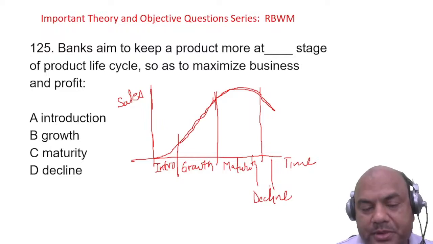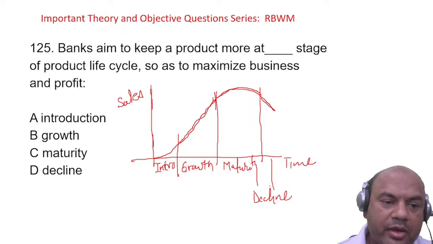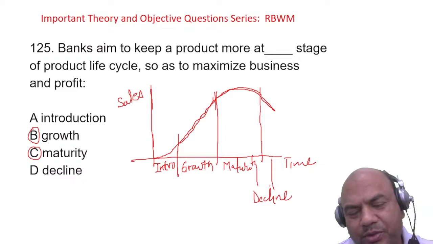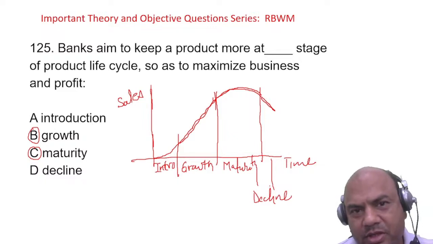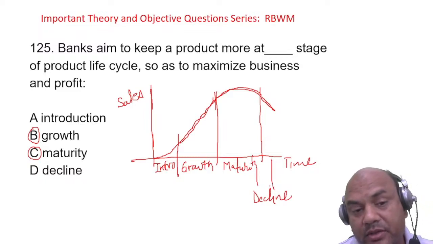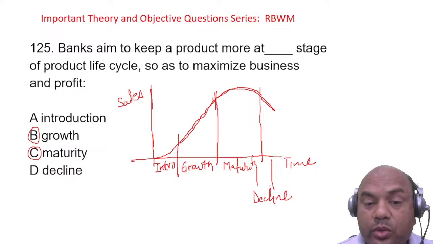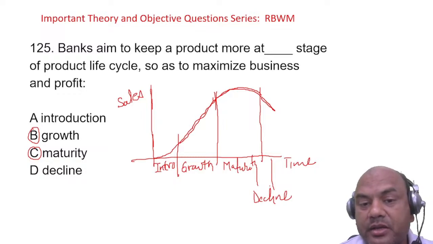I'll give you two options only. There are four options: introduction, growth, maturity, decline. Decline, of course, you don't want. Introduction, of course, you don't want, right? So now the question comes: growth or maturity? In growth, there is an advantage: sales keep growing, and at maturity, it is at the peak.